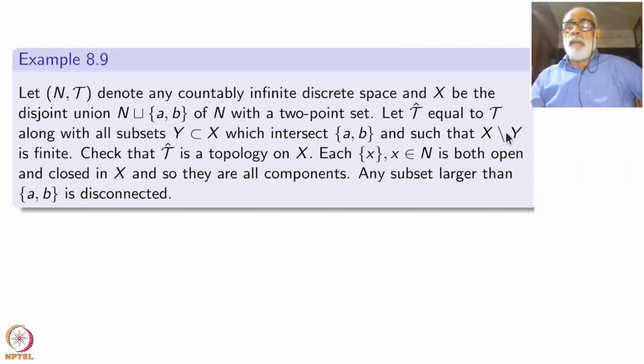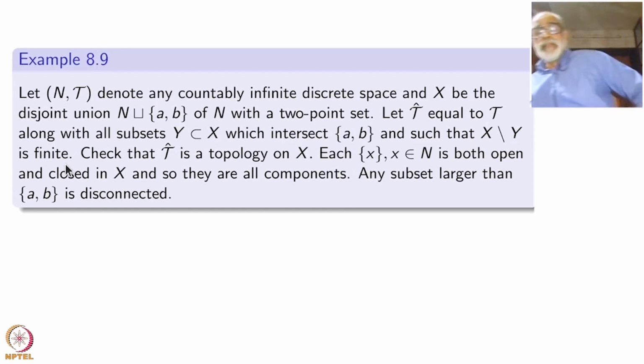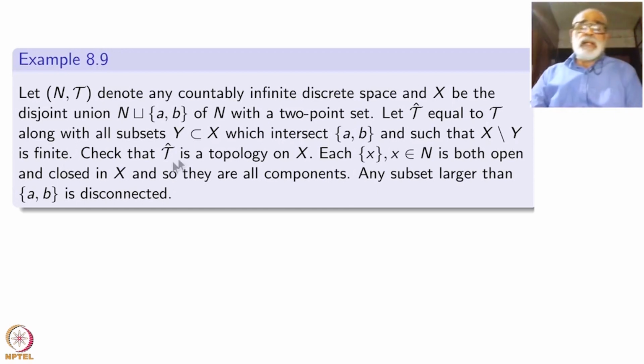But then the complement of that Y inside X must be finite. Check that this definition makes tau hat a topology on X. Not very difficult. This kind of thing we have done several times now.